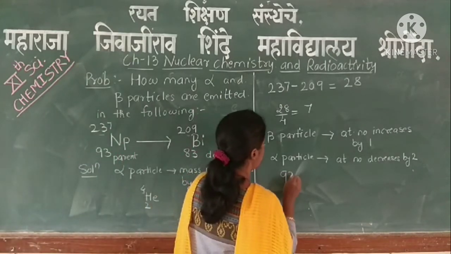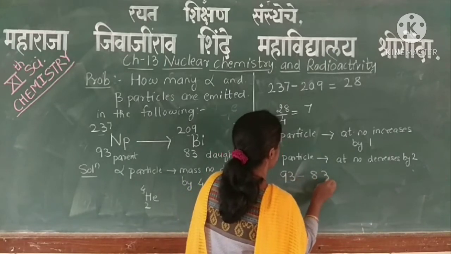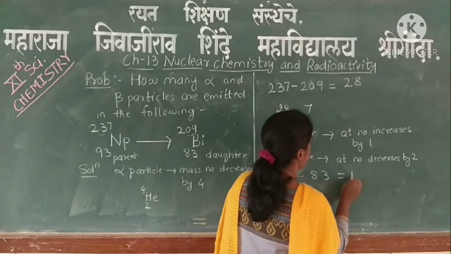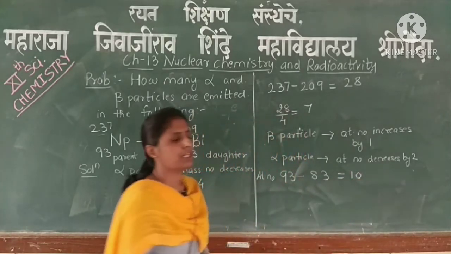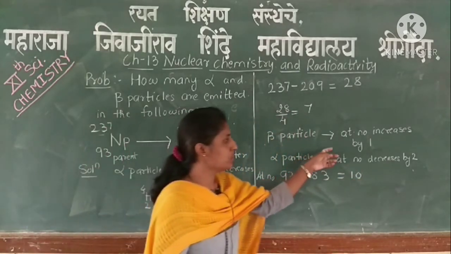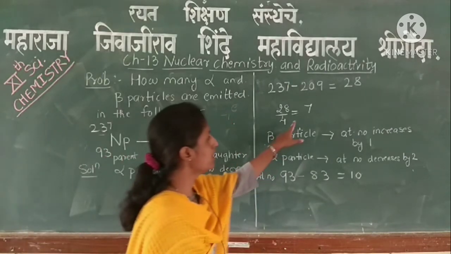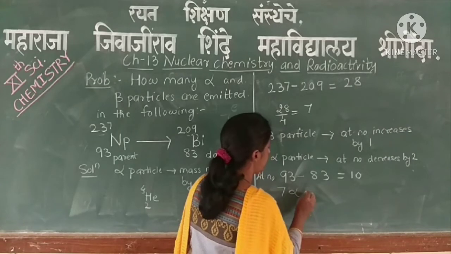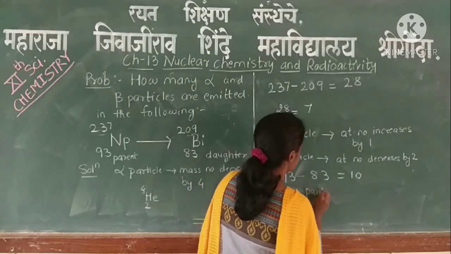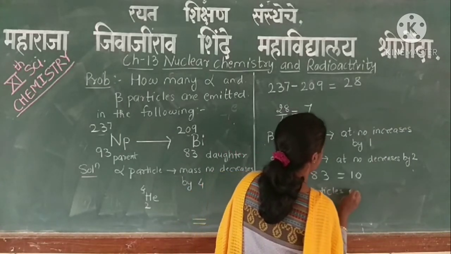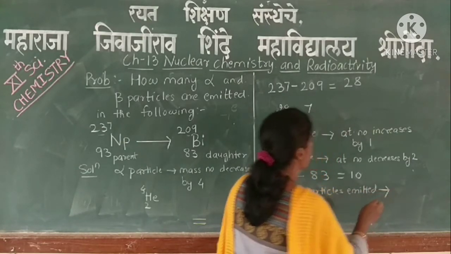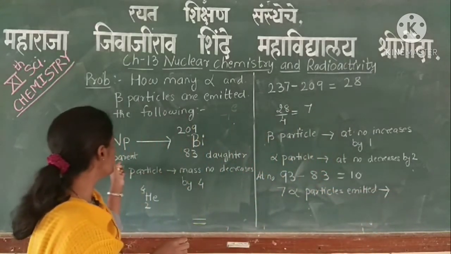93 to 83. The change in atomic number is 10. Okay, the change in atomic number is 10. But we have seen that 7 alpha particles are emitted. If 7 alpha particles are emitted, how much? 7 times 2 is 14.